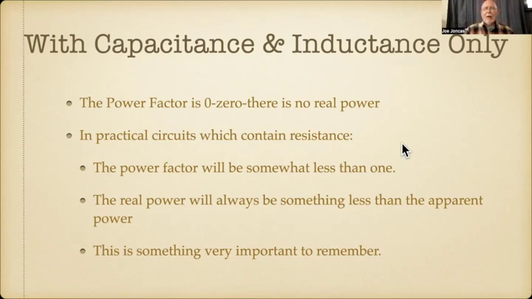The real power will always be something less than the apparent power. Seems like it should be the other way around. But the thing is, it says apparent power, so that's not the real thing. And you go down from there. Okay.